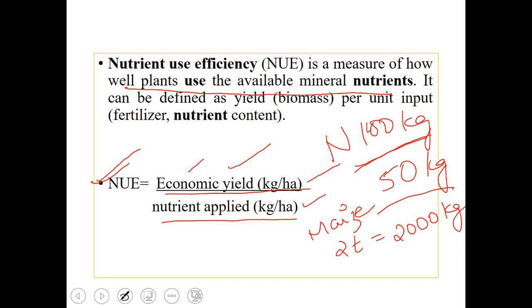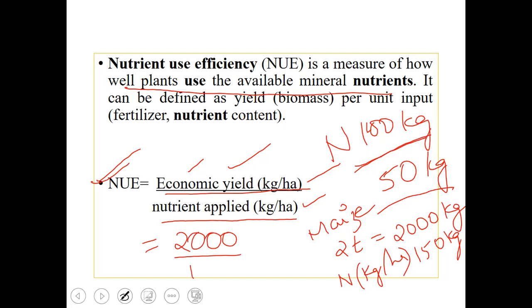We will calculate for nitrogen. Say we have applied 150 kg of nitrogen. So you can calculate the nitrogen use efficiency: 2000 divided by 150.